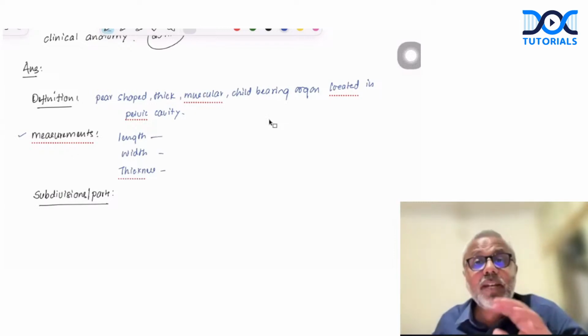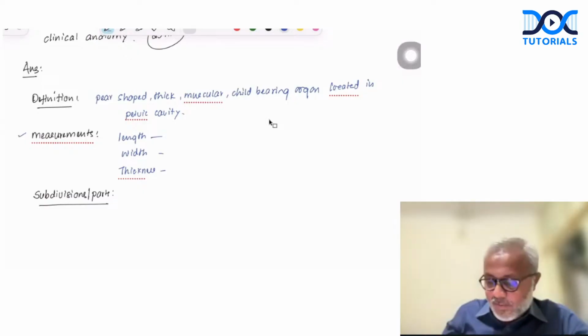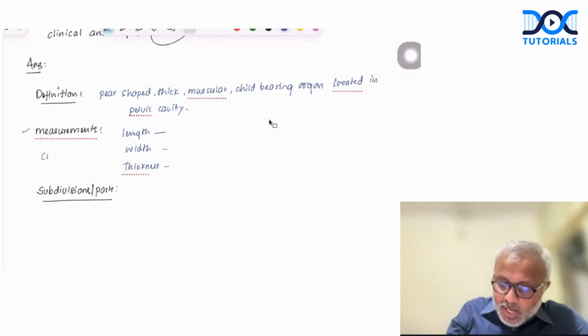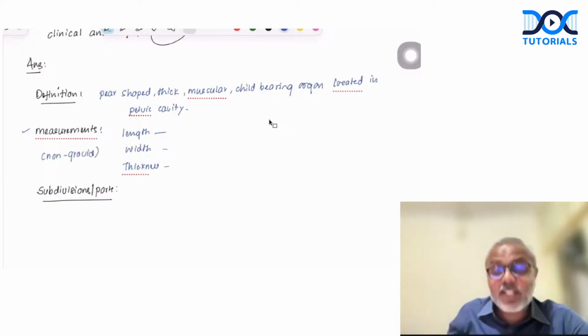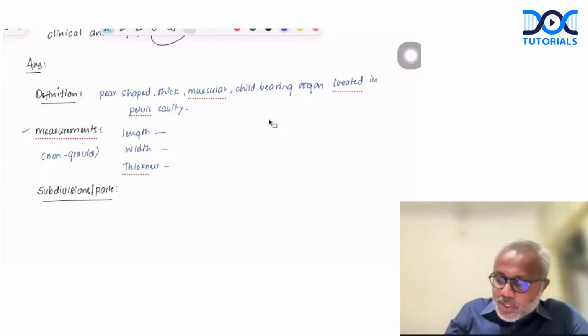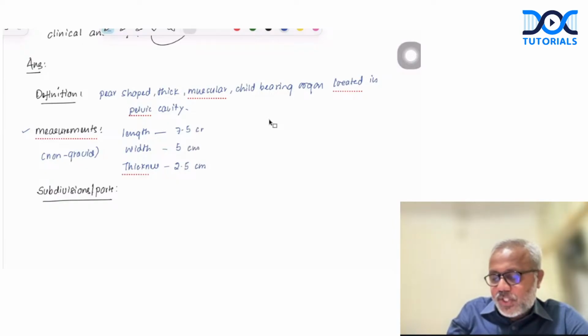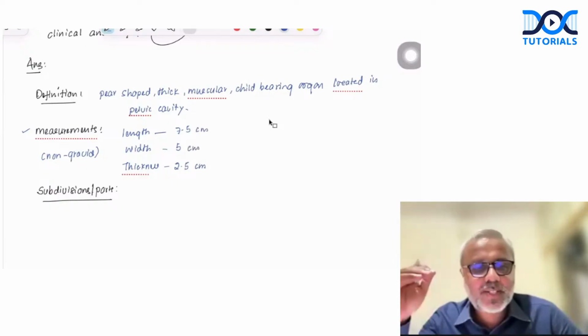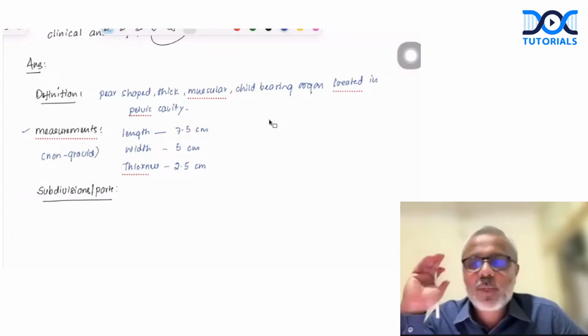All are in multiples of inches. For example, a non-gravid, when I say non-gravid, it is a non-pregnant uterus. That's it. So length is about 7.5, width is about 5, and thickness is about 2.5. So 3 inches, 2 inches, 1 inch. Fine. This is how you can remember.